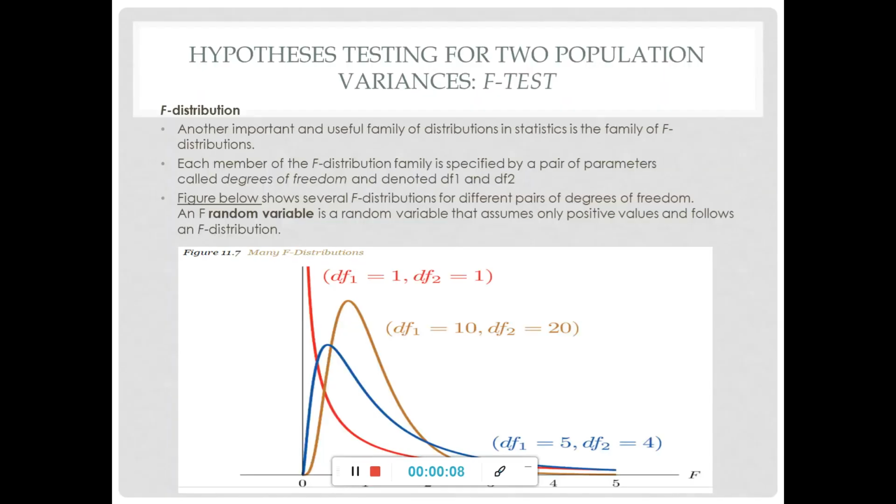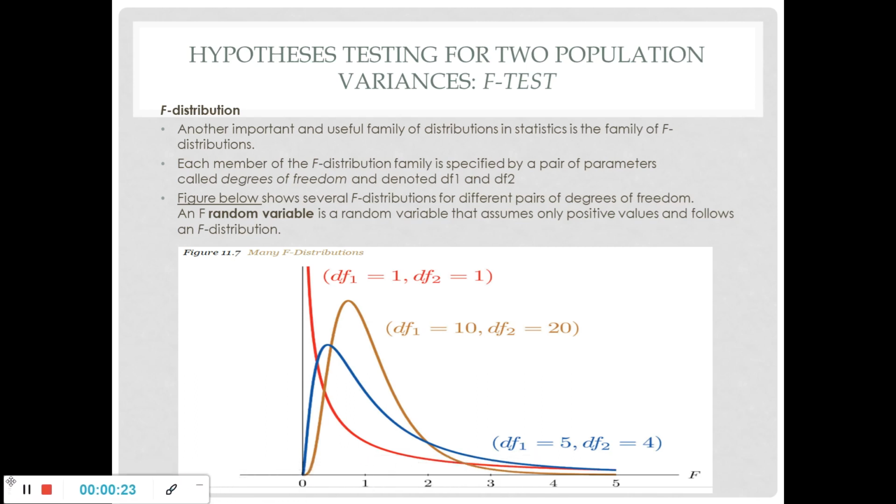In the last class, I discussed the chi-square test, which was basically for the single population variance test.